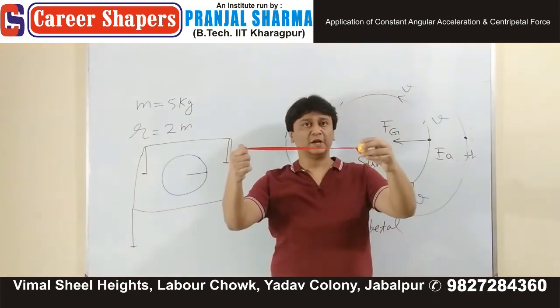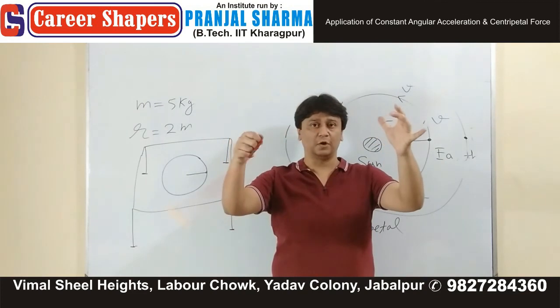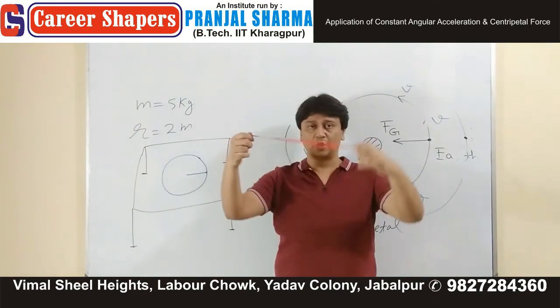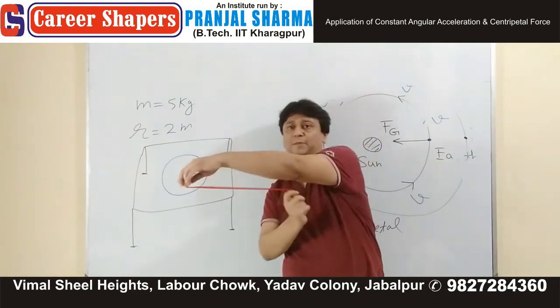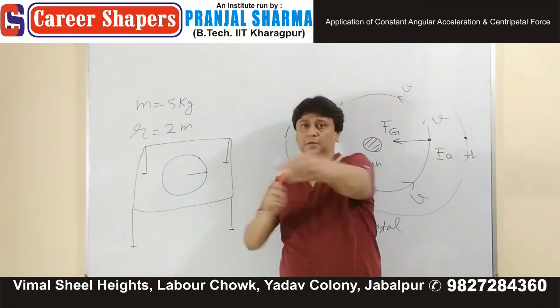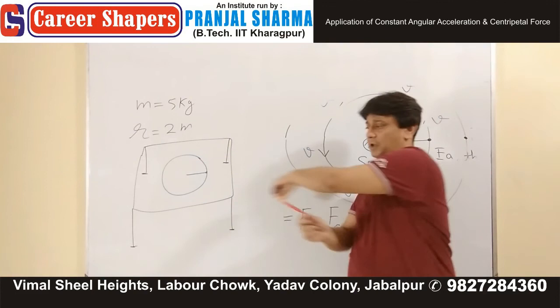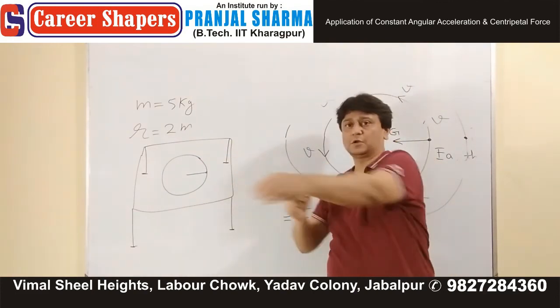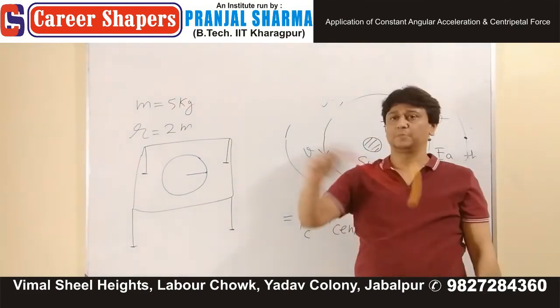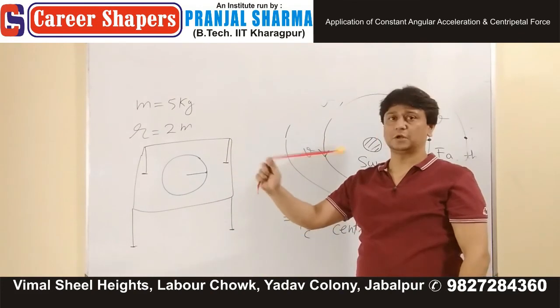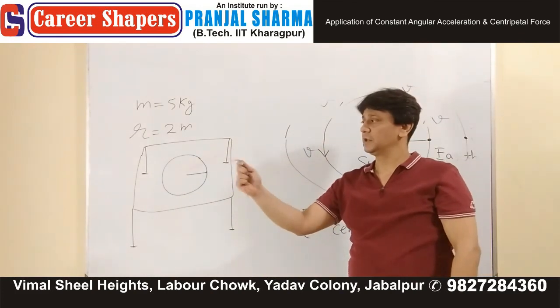Why do we need a table? So that the object doesn't fall down. If you have the table, then the object will keep on moving. I hope you can feel it. So this is how the object is moving, in the horizontal plane.